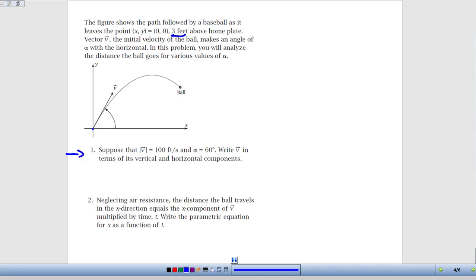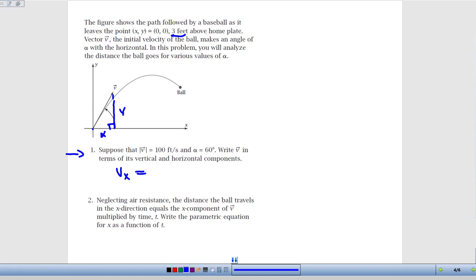So in the first question, we're asked to write the vertical and horizontal components of the ball's velocity just as a result of the impact of the bat. If we drop a perpendicular down, we've got these x and y components of this velocity of 100 feet per second.